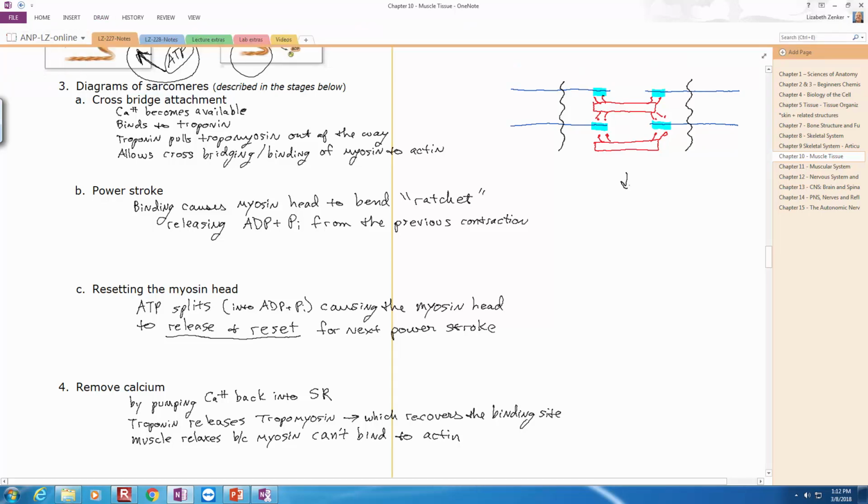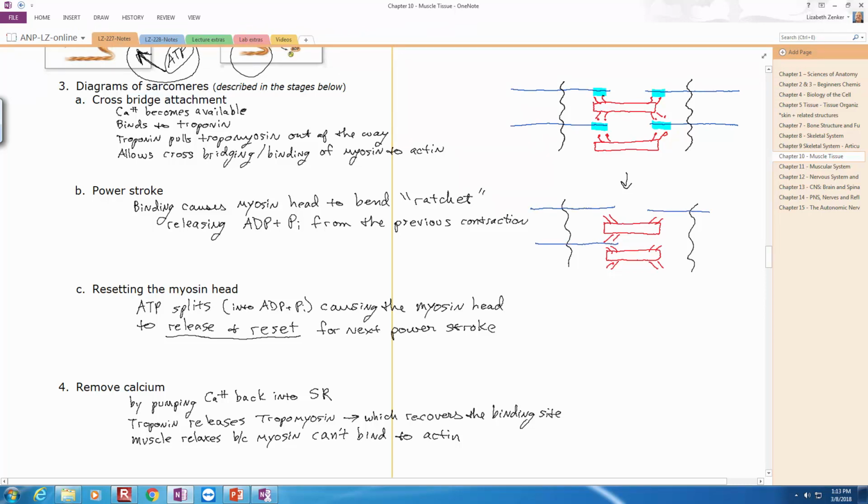Now, if we wanted to have calcium released from the sarcoplasmic reticulum, and we are going to contract, so here's our Z disc again. Here is our myosin, and actin is going to be blue.